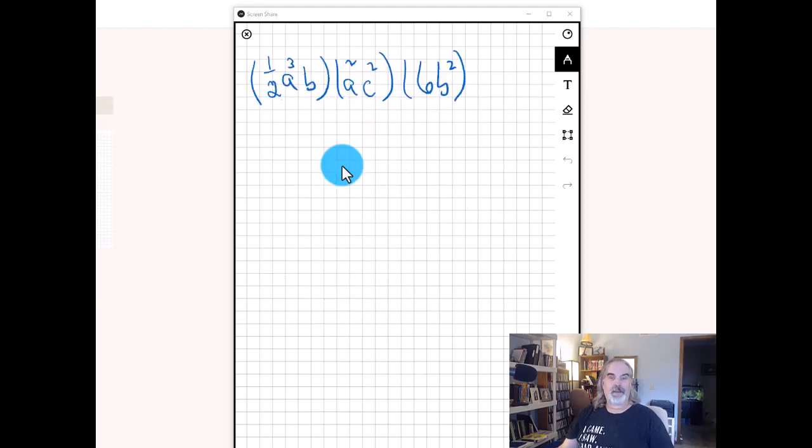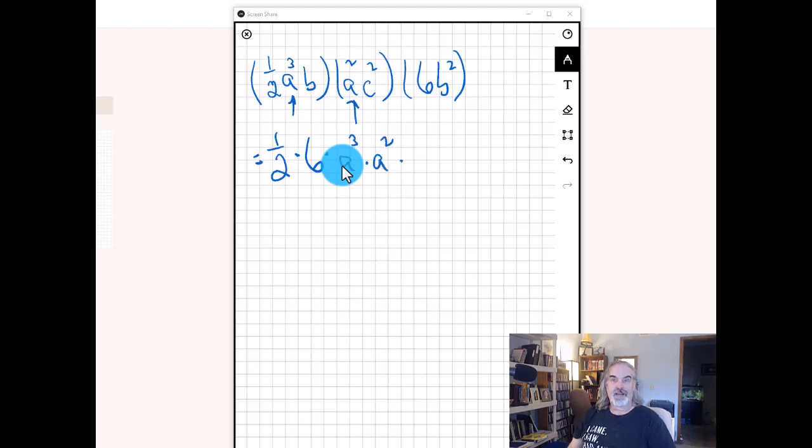And then here, more clutter, but the idea is exactly the same. The fact that we've changed away from x's and y's is irrelevant. Let's see, what have we got? Let's gather the numbers. We've got a 1/2 and a 6. So I'm going to write down the 1/2 times a 6. Remember, everything is multiplied here. Let's track down the a's. There's a cubed times a squared.